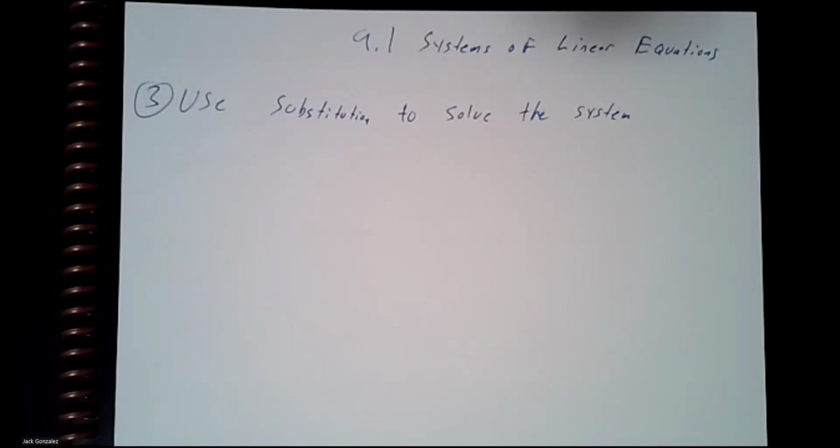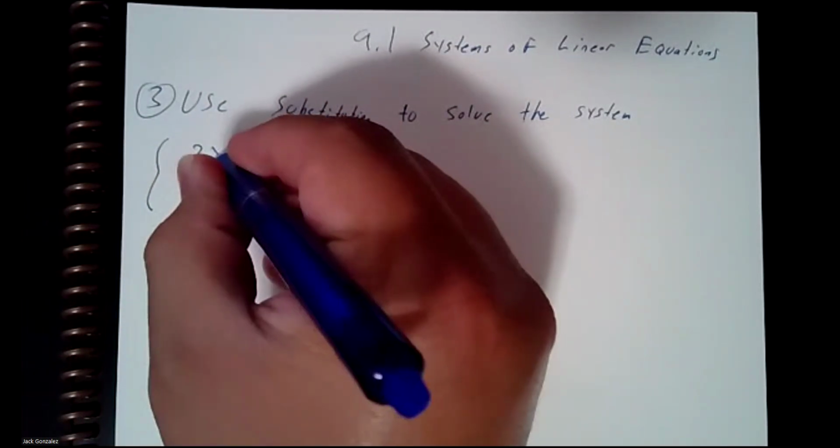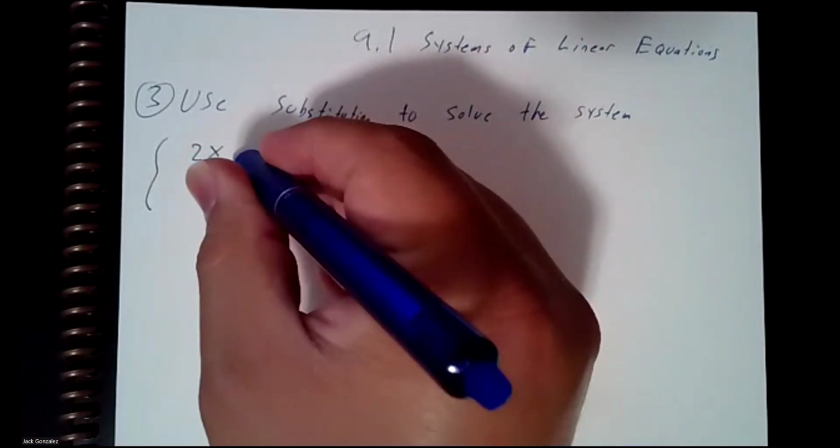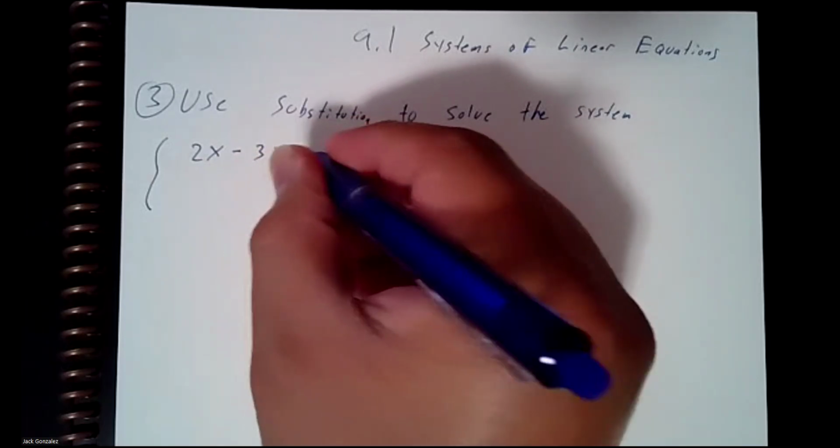Okay. Here is the system. So we solved by graphing. Now we're solving by substitution.